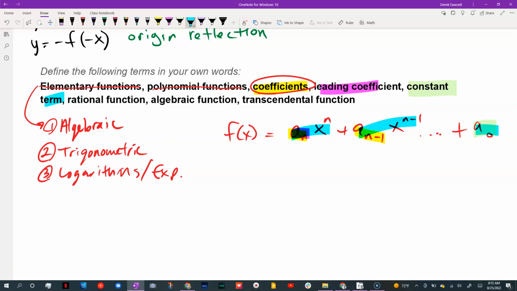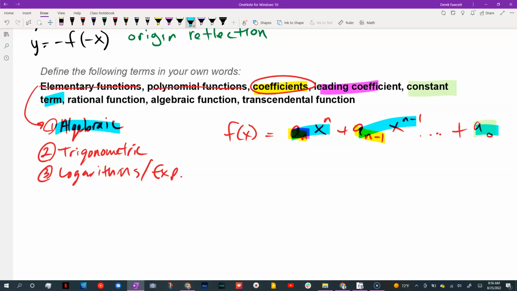And a rational function, well, that's just a function that can be written a lot of times as a fraction. You'll see rational functions written as fractions. And then algebraic function, we've talked about that already right here. That's when you have variables in there.